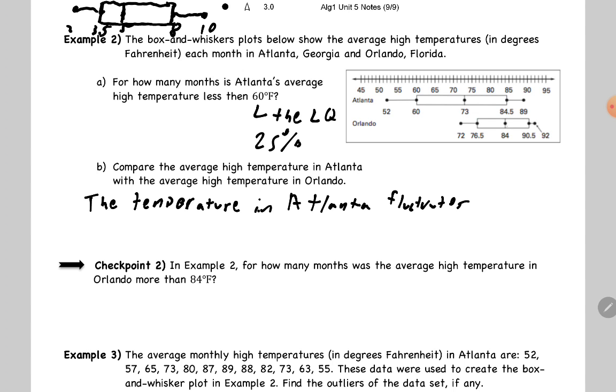So that's what you want to look at. You want to look at most of the data. Most of the data is in the box of the box and whisker plot. So in the box, it represents most of your data. So Atlanta fluctuates more than Orlando.